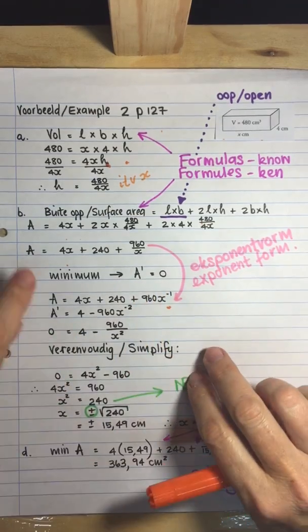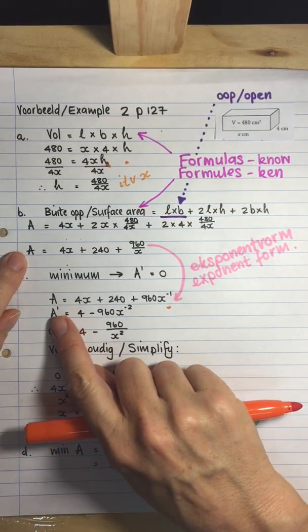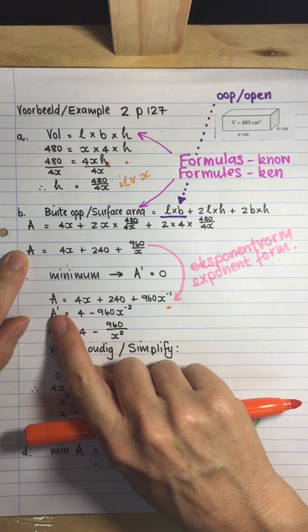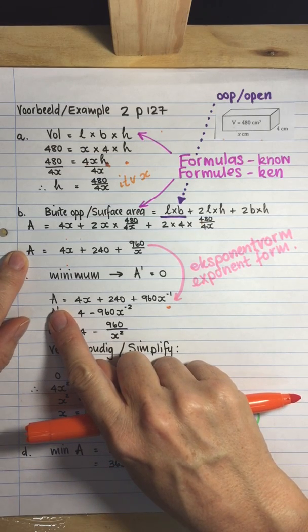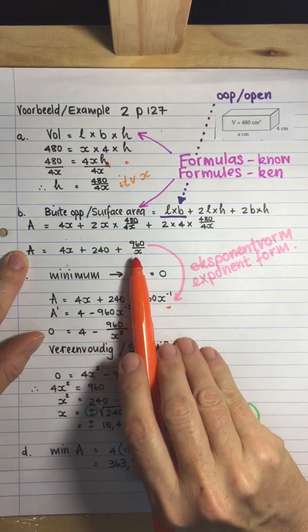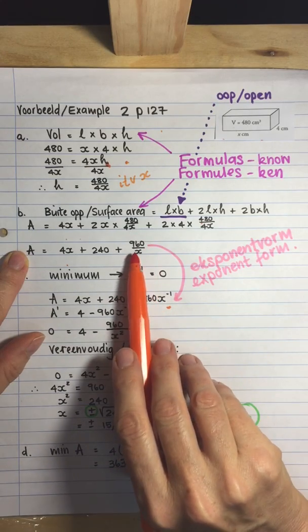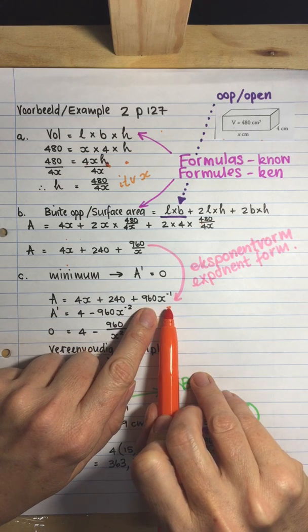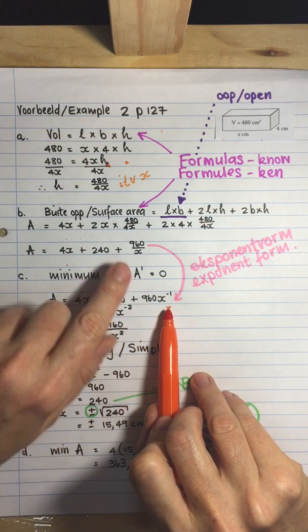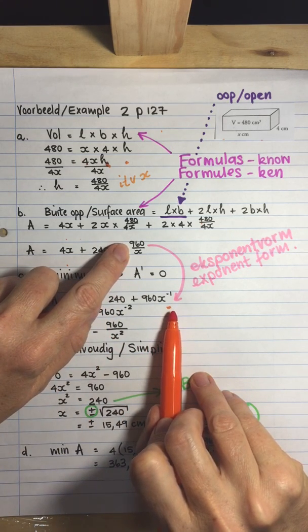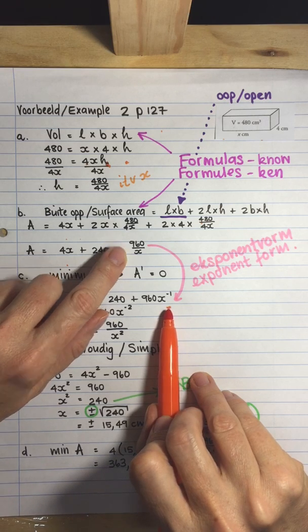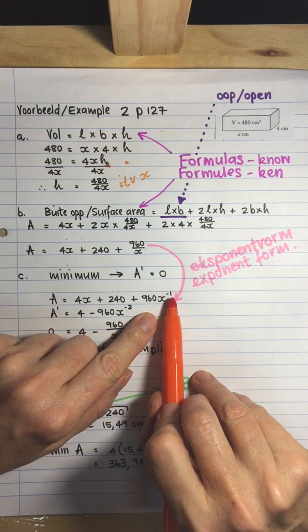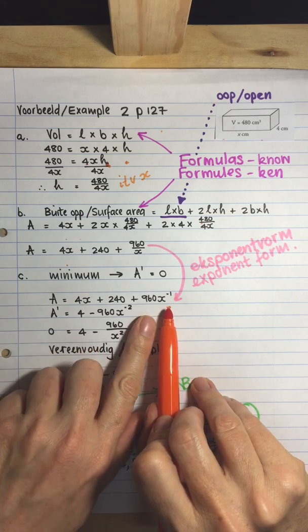So we would like to find an expression for the derivative of the surface area. But first of all, we need to rewrite this term in exponent form, because when we are finding the derivative, we did not learn a rule for a fraction. So we write it as x to the power of -1.